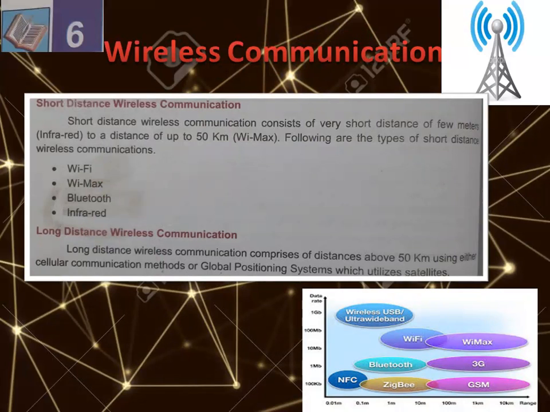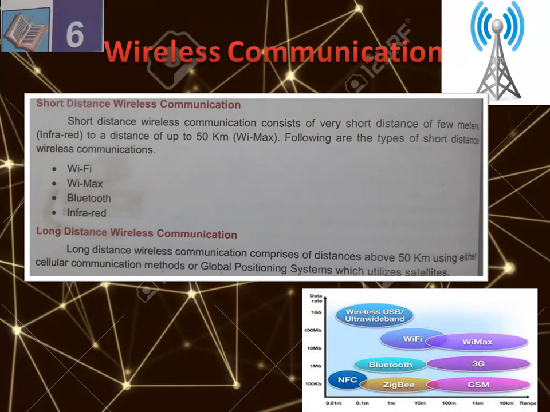The next is short distance wireless communication. Short distance wireless communication consists of very short distances of a few meters, such as infrared, to distances of up to 50 kilometers, such as WiMAX. Following are the types of short distance wireless communication. Short distance wireless communication means devices which you can use in a very limited area.